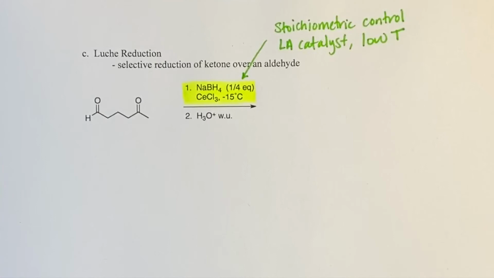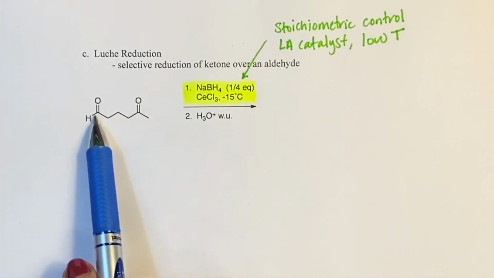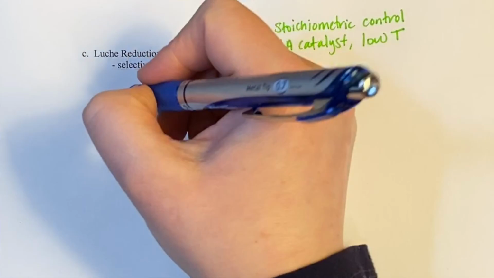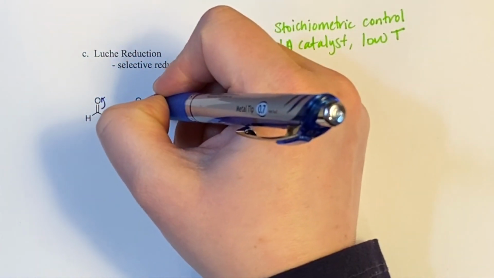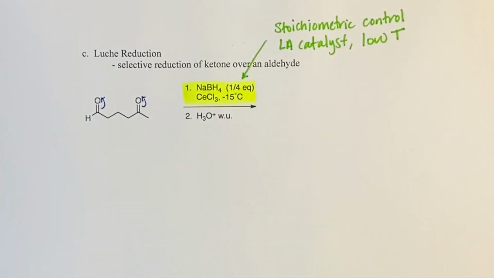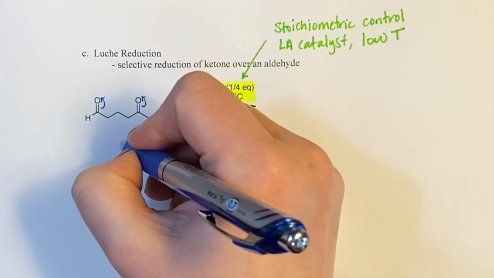So in this reaction, what's going to happen is that I have a resonance structure that I can draw where for both my aldehyde and the ketone, I can look at the electrons being pulled up to that oxygen. So for both of these structures, I have significant electron density at the oxygen.